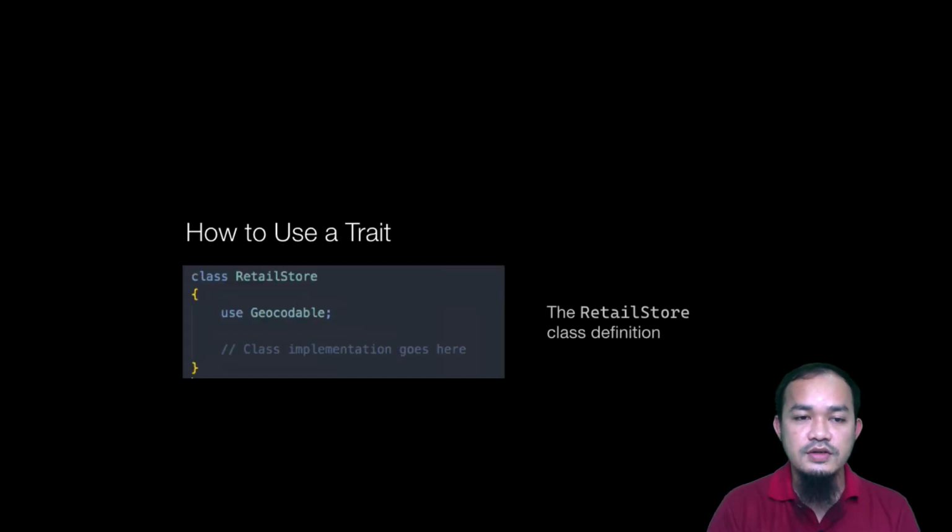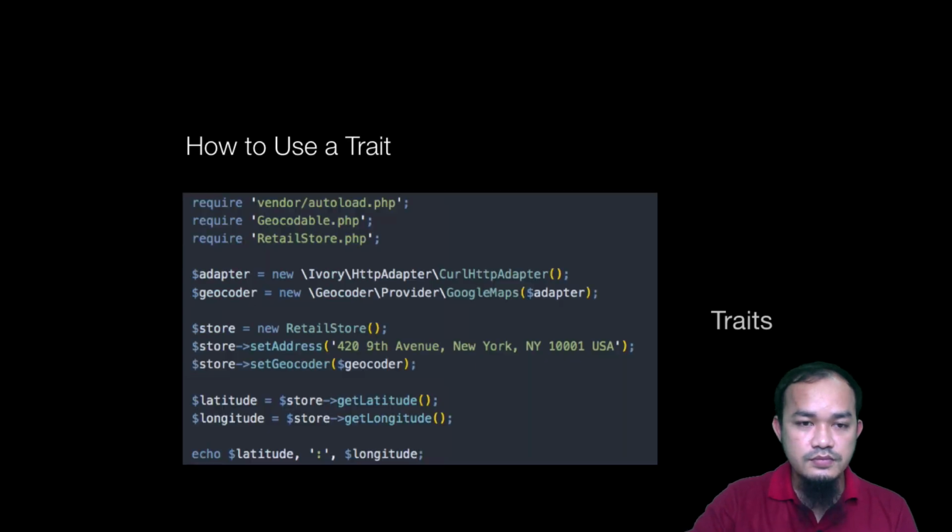How to use the trait? When you want to use the trait, for example in the retail store class definition, we define class retail store, and then we use the keyword use followed by the trait name. For example, here use geocodable. After we use it, we have to instantiate the retail store.